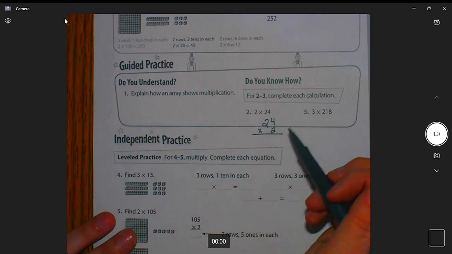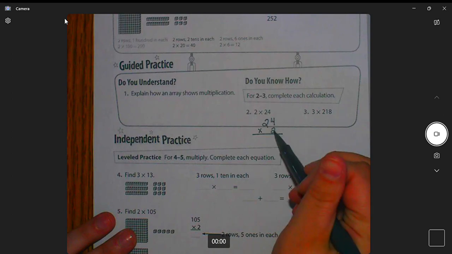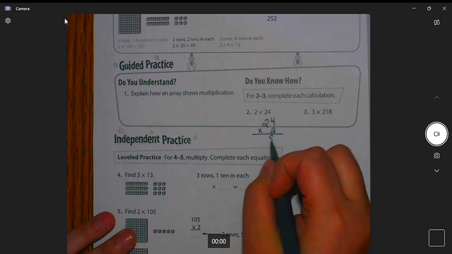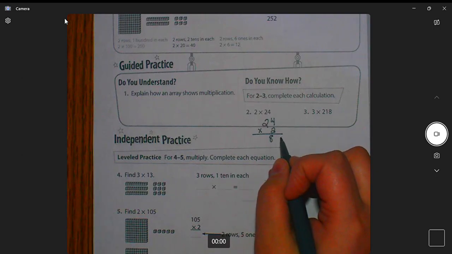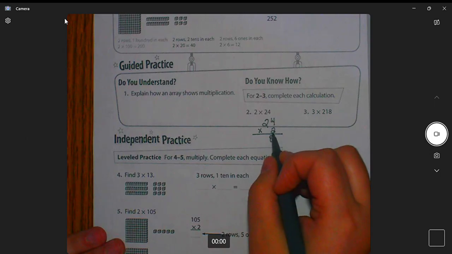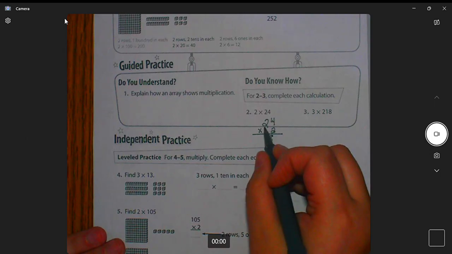So, as always, place value, addition, subtraction. Now multiplication. I start in the ones place. 4 times 2 is, right, it's 8. And then I stop. And I'm going to drop to the next row right underneath and do my tens. 2 times 2 tens. What is 2 tens? Right.